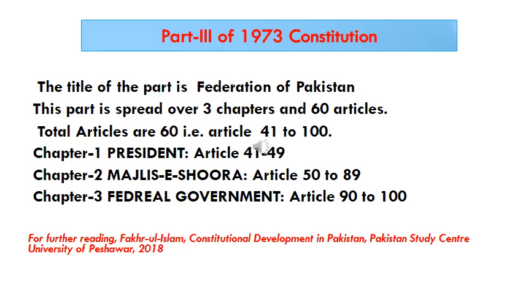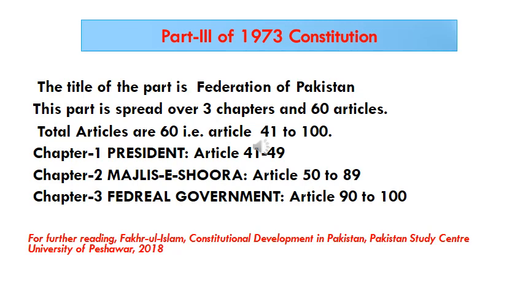One important thing which is given in Article 100 of this part, which is the last article, is that there shall be an Attorney General for Pakistan who will be appointed by the President, and he will be qualified to be appointed as Judge of the Supreme Court.